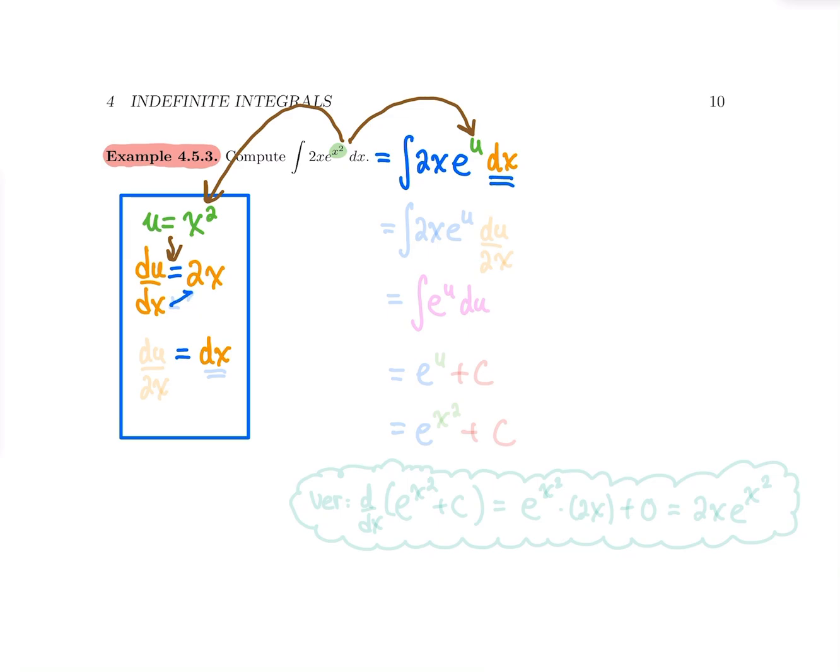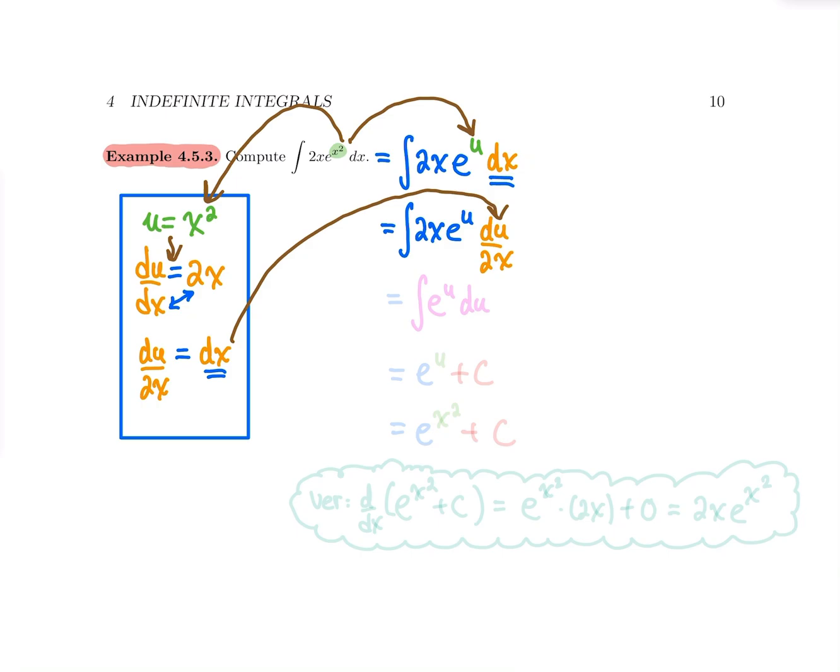Just by swapping the 2x and the dx, you get a clean formula: dx is going to be replaced by du over 2x. So my next step: I have 2x, e to the u, but now dx blows up into du over 2x.